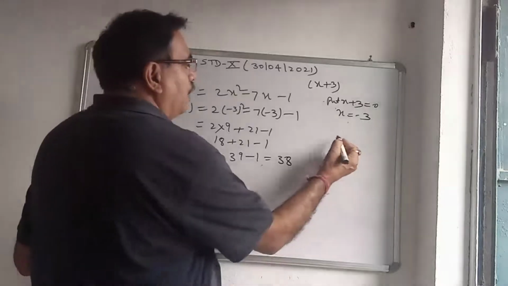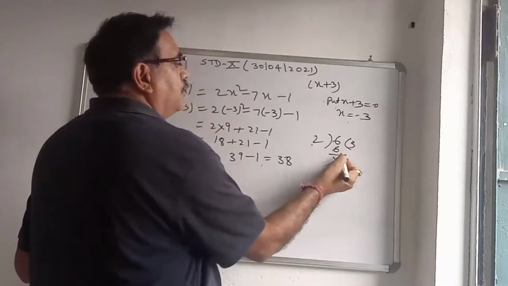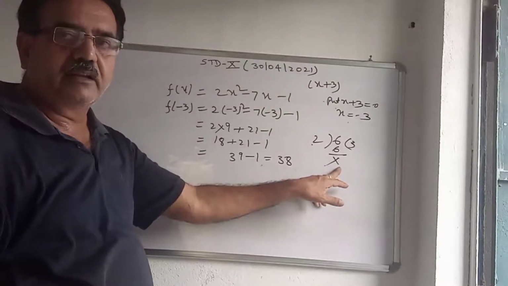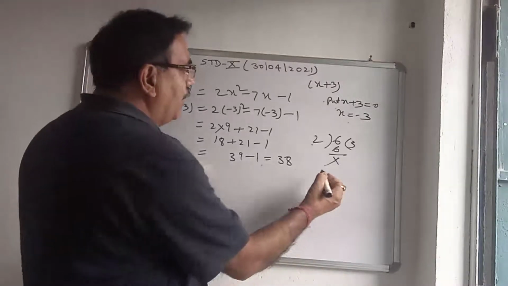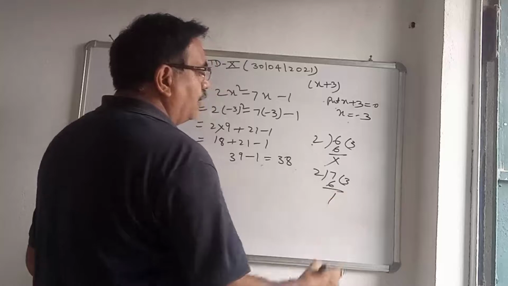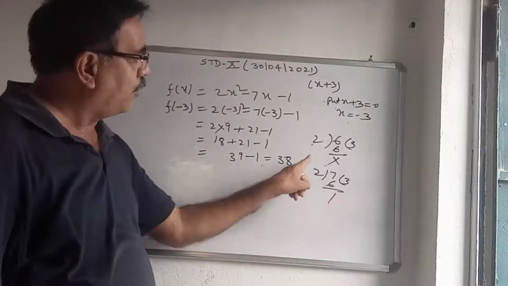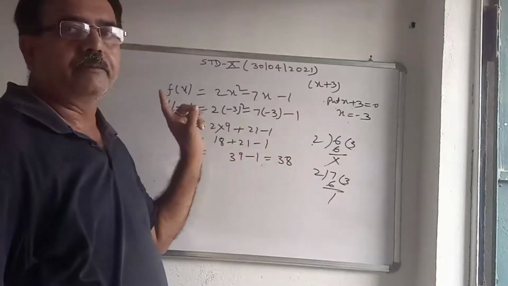Listen, when we divide 6 by 2, there is no remainder, nothing is left. It means 2 is a factor of 6. Similarly, when 7 is divided by 2, the remainder is 1. It means 2 is not a factor of 7. Keep the same concept here.